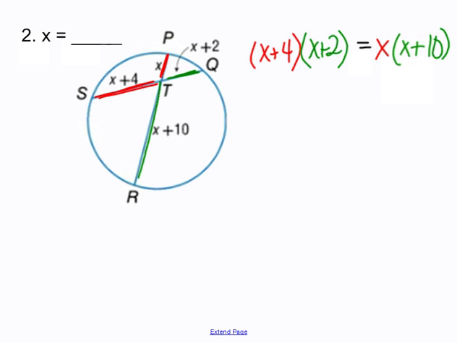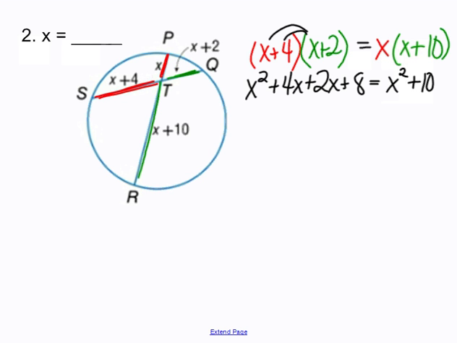When we distribute, we've got x squared plus 4x plus 2x plus 8 equals x squared plus 10x. That looks like it's going to be really scary, but really it's not. First of all, let's combine like terms. x squared plus 6x plus 8 equals x squared plus 10x.